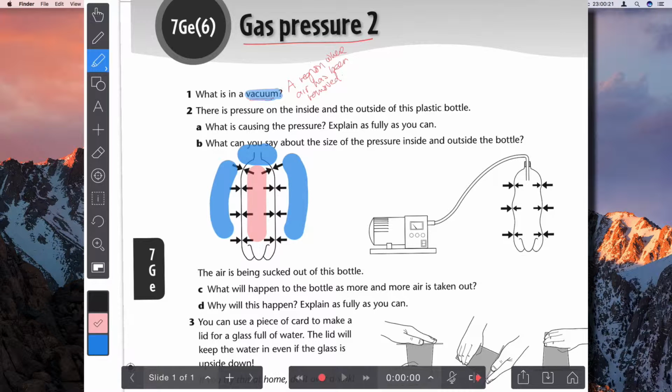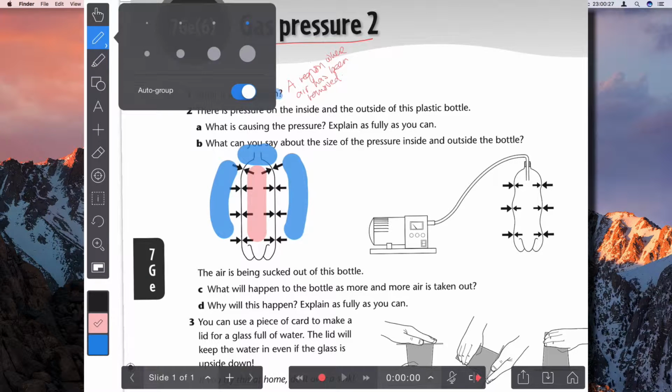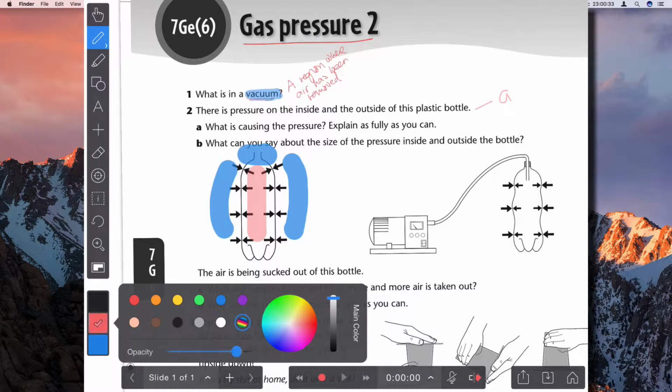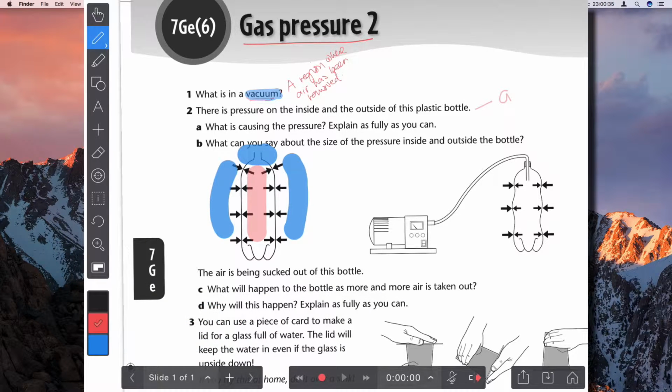So the pressure on both the inside and the outside is being caused by air. It's being caused by air particles. The air particles are bombarding the outside and the inside of the bottle.